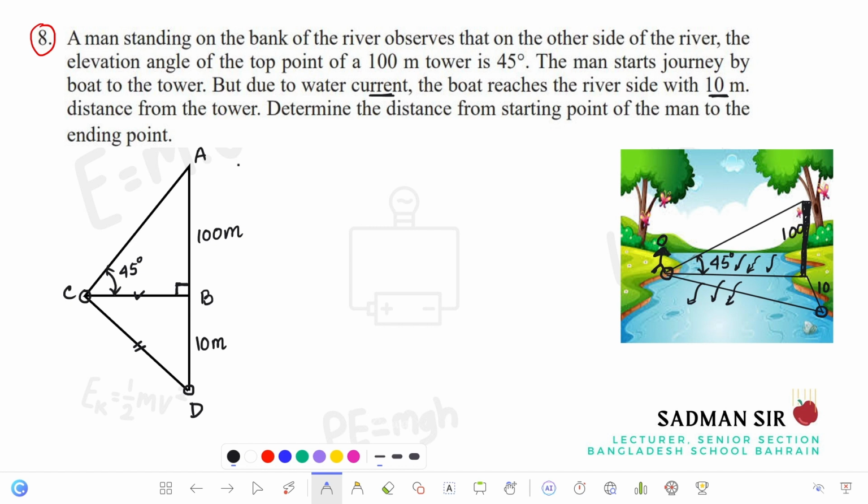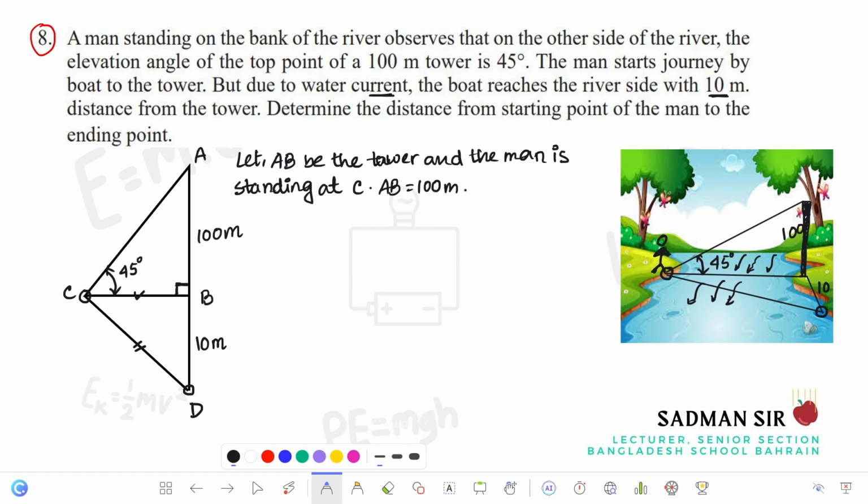First, we have to give a little bit of description. We have to say let AB be the tower and the man is standing at C. So AB equal to 100 meter, and the angle ACB can be written equal to 45 degree.